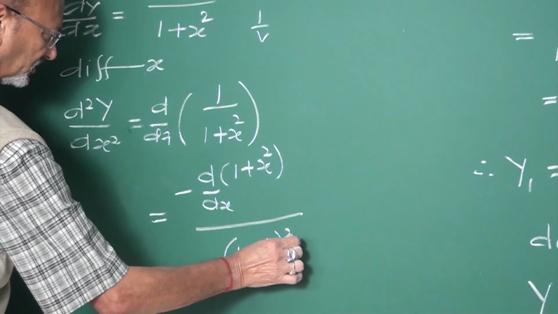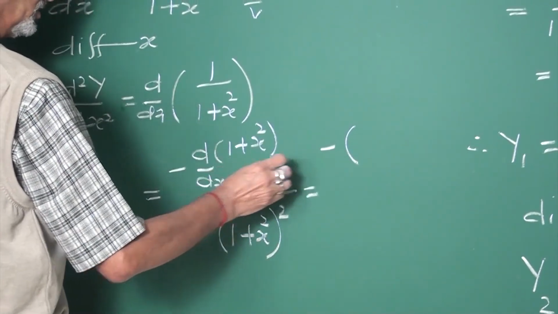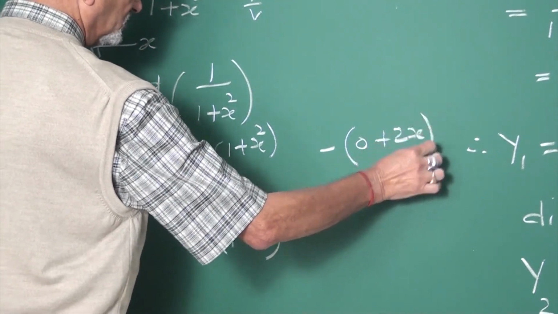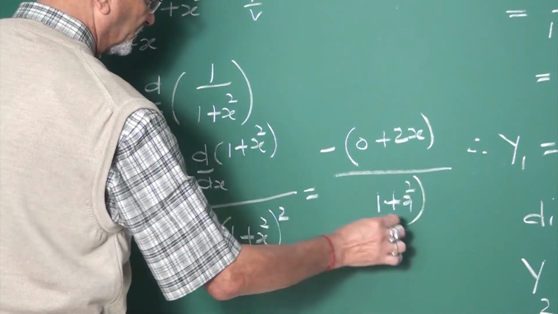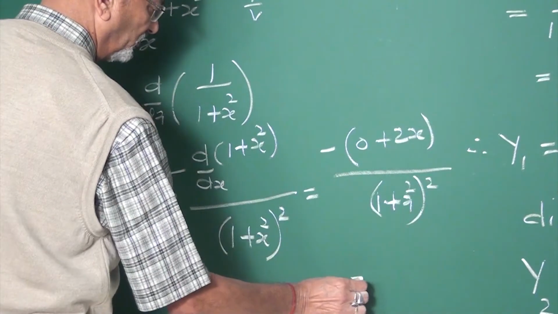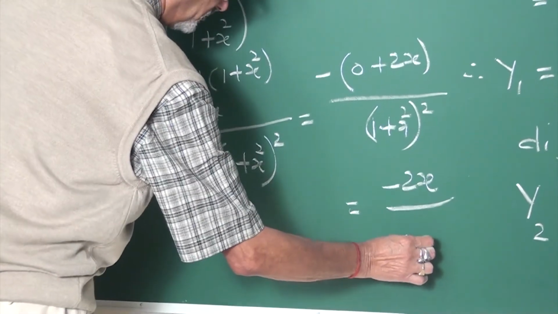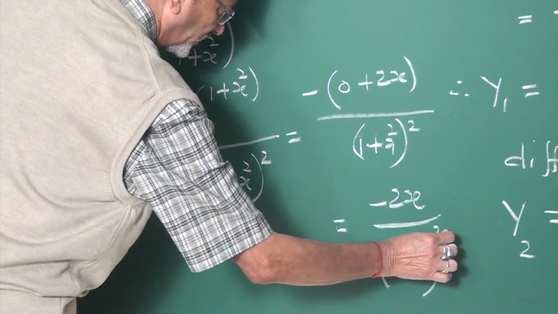It is minus derivative of 1 plus x square, which is 2x, upon the denominator square, 1 plus x square whole square. If you simplify it, it is minus 2x upon 1 plus x square whole square.